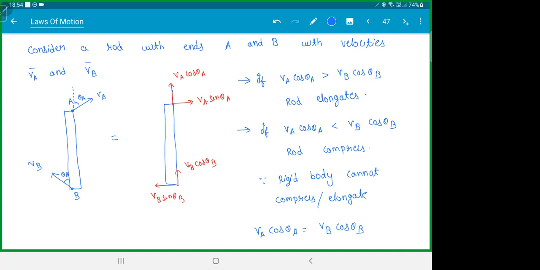So let me extend this for a body. Clear?